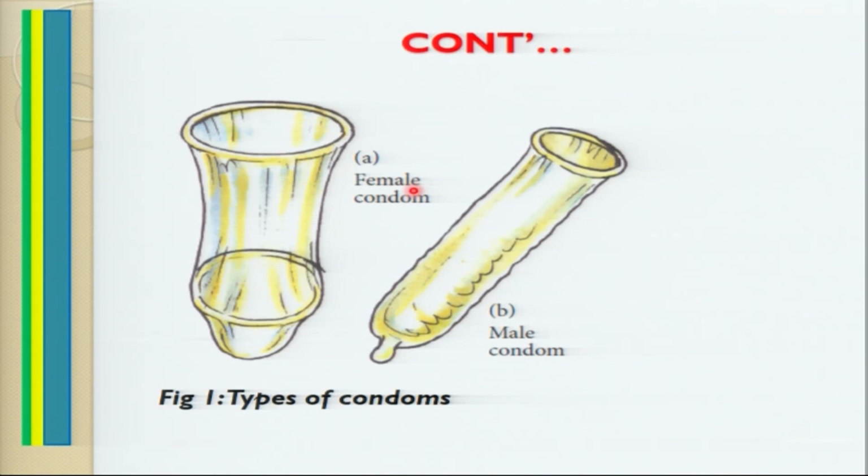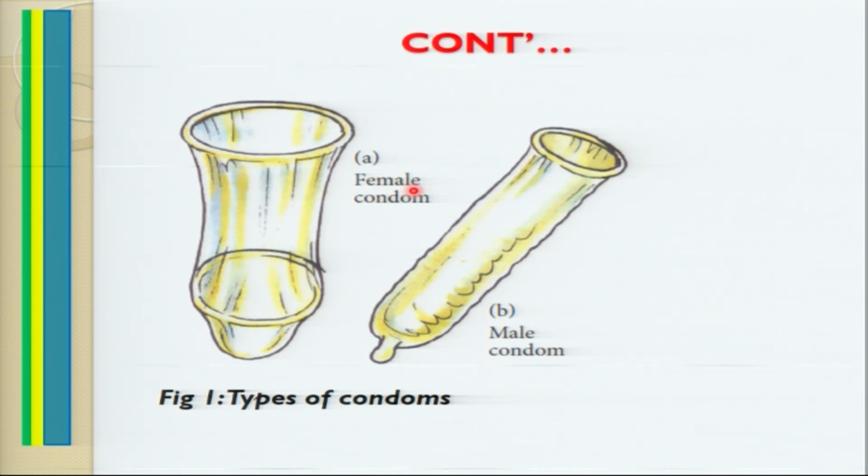So if they are used properly, it could be one of the easiest barriers that can be used to prevent unwanted pregnancies and the transmission of STIs, including HIV/AIDS. So that is the diagram.